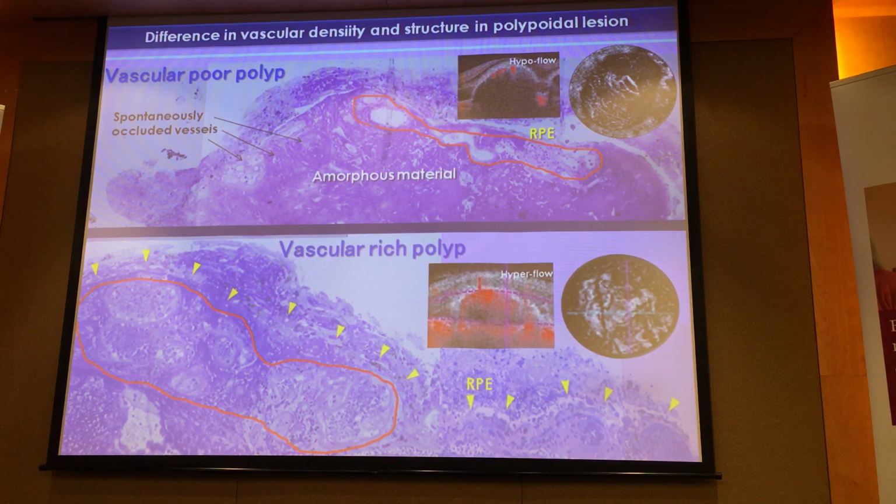Was there any difference in the regression rate of the polyps that were not detected and the ones that were detected by OCTA following anti-VEGF therapy? Let's see. The detection rate was about 83-84%. So the 15% of polyps that were not detected by OCTA, the likely reason is that the flow in them was less and the OCTA could not detect them.